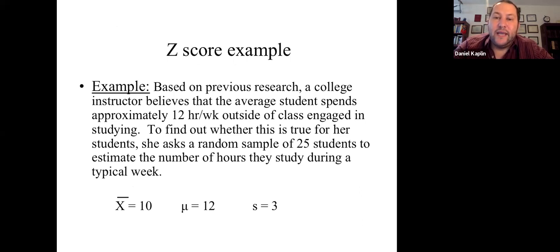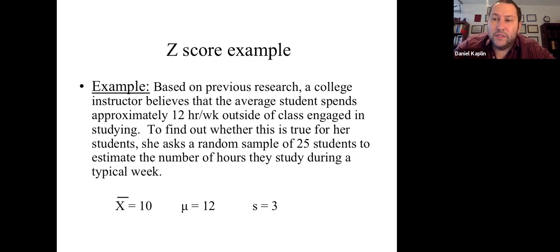So let's say we had a college instructor who wanted to determine whether the average student studies 12 hours per week outside of class. And then she wanted to see whether or not that was true for her students. So she has 25 students, and estimates how many hours they study during a typical week.